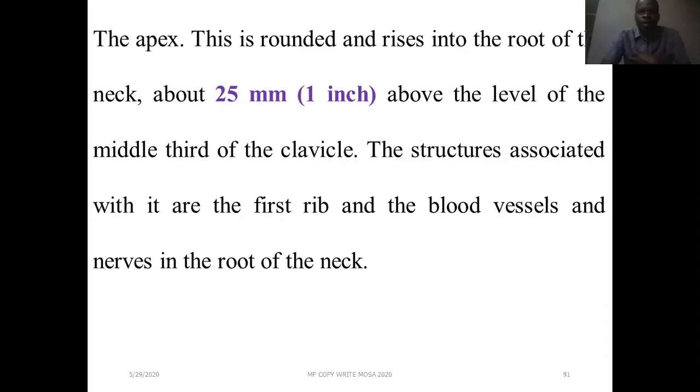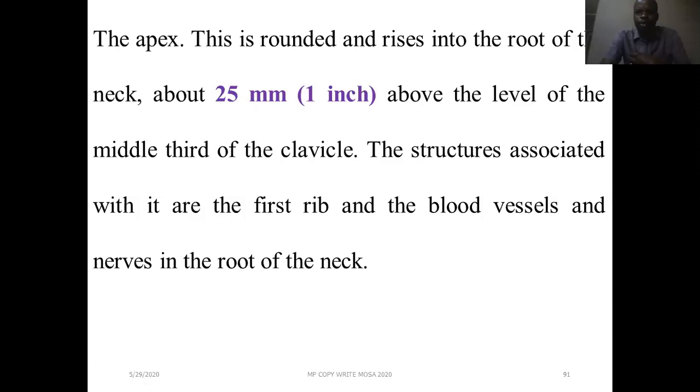The apex is rounded and rises into the root of the neck. It is about 25 millimeters or 1 inch above the level of the middle third of the clavicle bone.